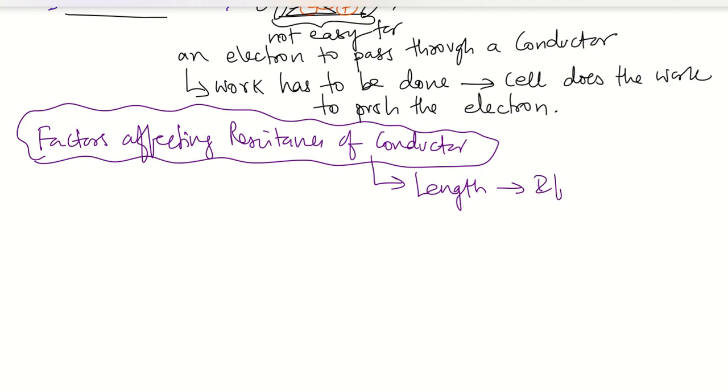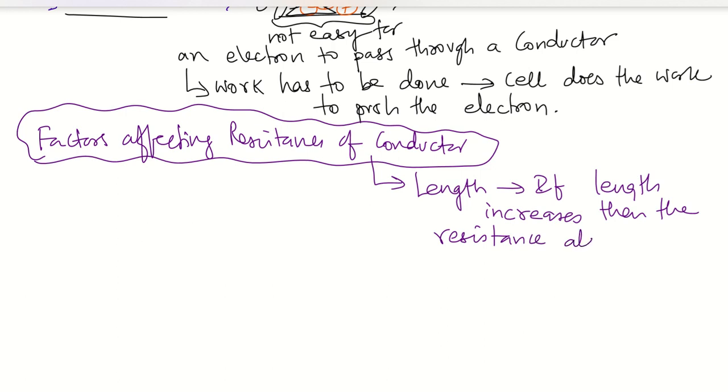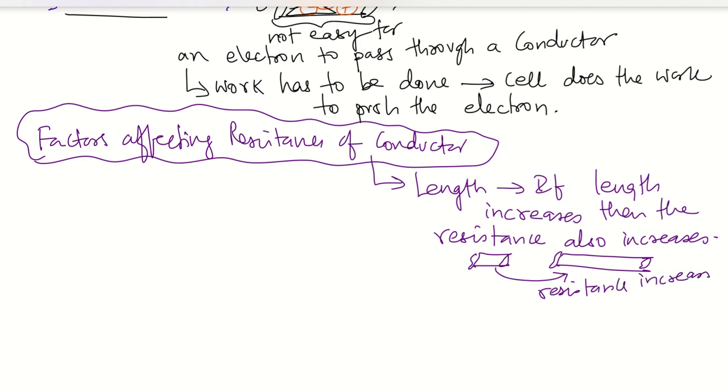If length increases, then the resistance also increases. It's obvious that if you have a short wire and a long wire of the same diameter, the resistance increases for the longer one, because the electron has to travel a long distance.